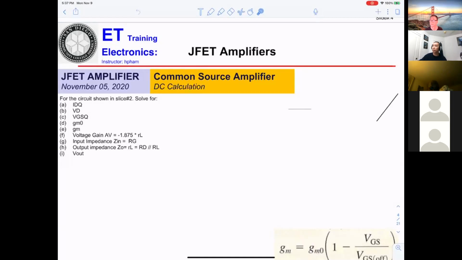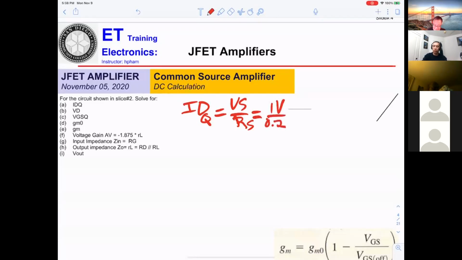A is 5 milliamps. B is 7.5 volts. Now you said ID, right? Yes, IDQ. VS will be 1 volt.